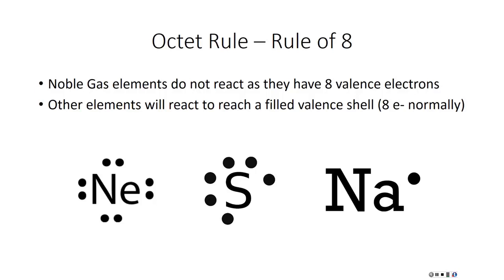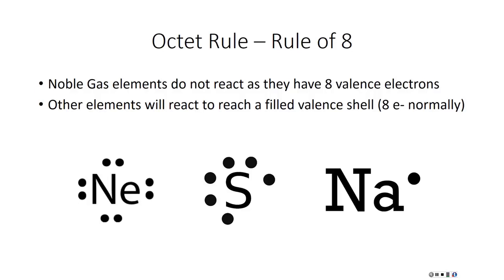So the octet rule really means the rule of 8. So atoms are going to react so that they have filled shells. And in a dot diagram, that means it's either going to get to 8 dots around it or 0. 0 would be if it gives up all of its electrons. Then it would have a filled shell in the next level down.